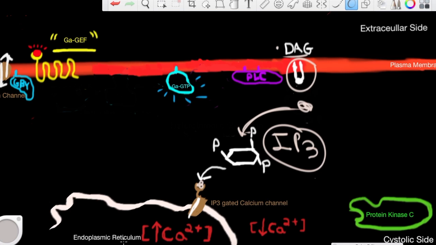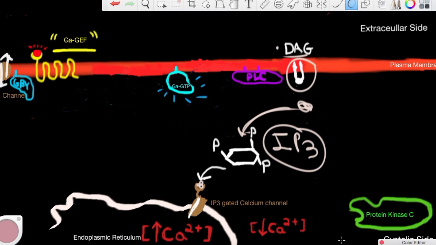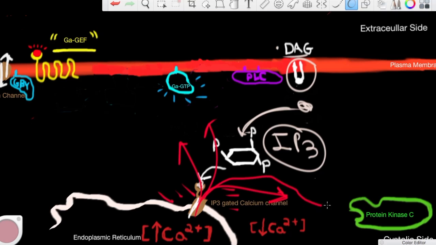So once that happens, this calcium gated channel undergoes a conformational change and opens up, allowing calcium, which is very high inside of the endoplasmic reticulum, to leak out into the cytosol side, increasing the concentration in the cytosol. So once that happens, calcium can either bind to protein kinase C or it can go and bind to calmodulin.